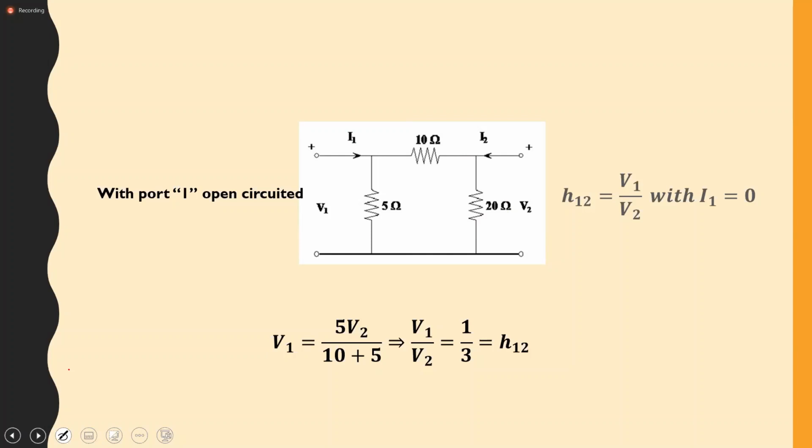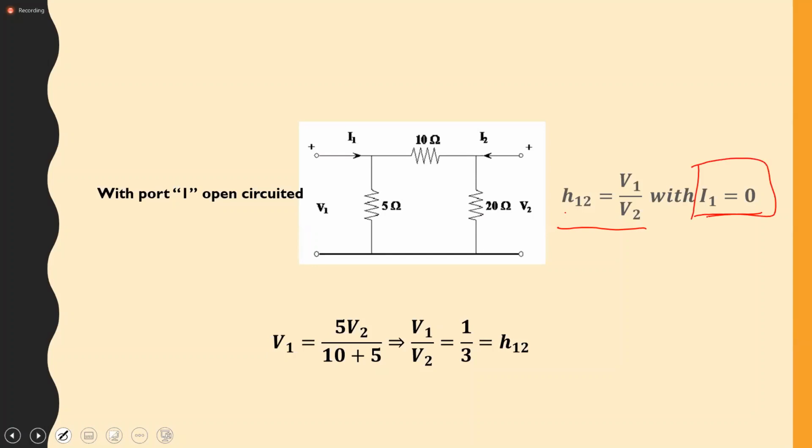All right. If you look back, H12 is from equation 1. Equation 1 says V1 is equal to H11 I1 plus H12 V2. So in order to determine H12, we'll make I1 0.